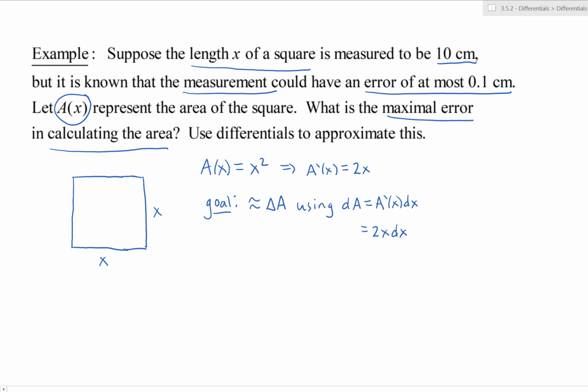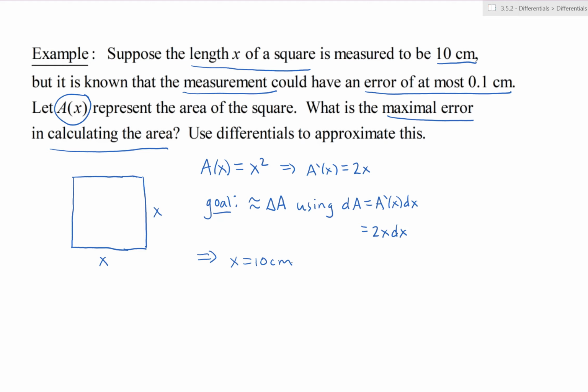Now what we did is our measurement tells us that the measured side, x, should be 10 centimeters because that's what we measured it with. But the change in the corresponding direction of x is our error, right? Maybe it was 0.1 less or more than that.